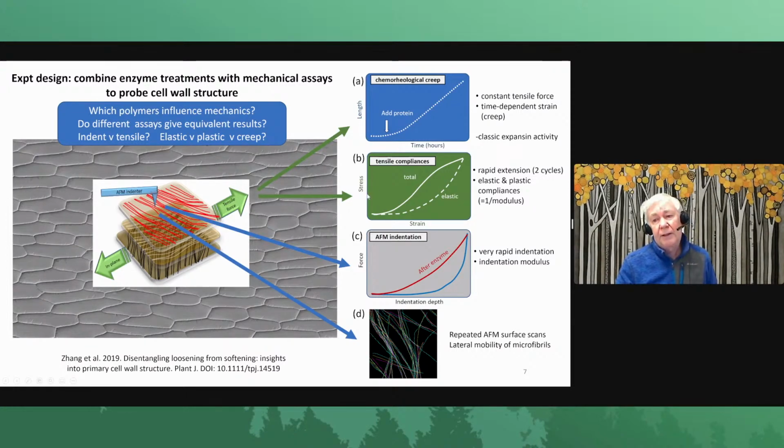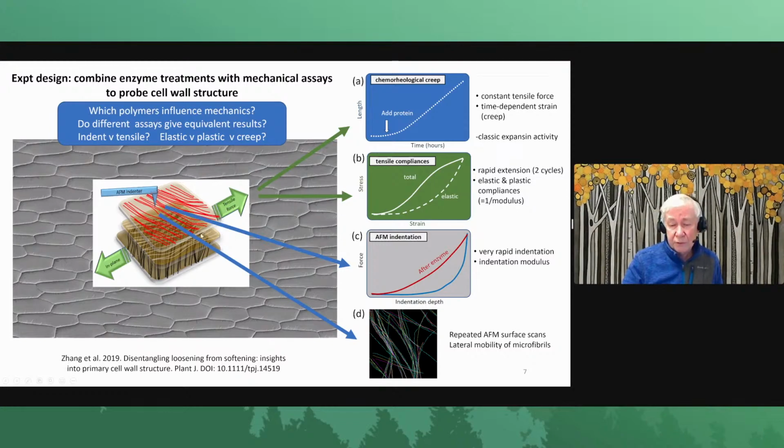The second assay is one in which we stretch the cell wall, so we measure a stress strain curve. Typically, we do two cycles, and from that we can get elastic and plastic compliances, which in our definition of the terms is the reciprocal of the modulus. And a third assay is one in which we use the AFM indenter.